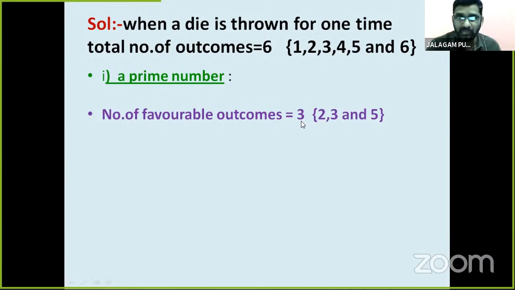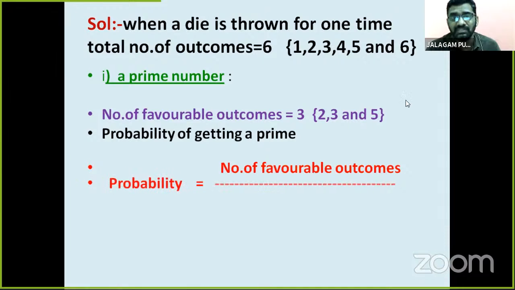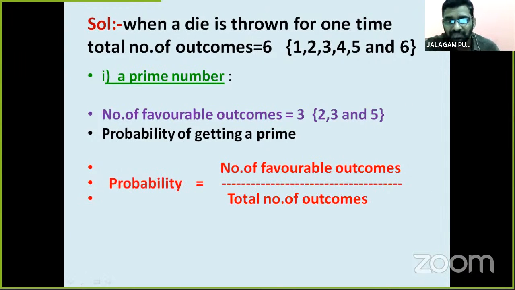Now we move on. The probability of getting a prime number. Once again we recall the probability definition. Tell me, children, probability is the number of favorable outcomes divided by the total number of possible outcomes.